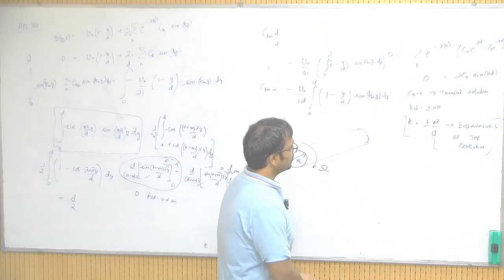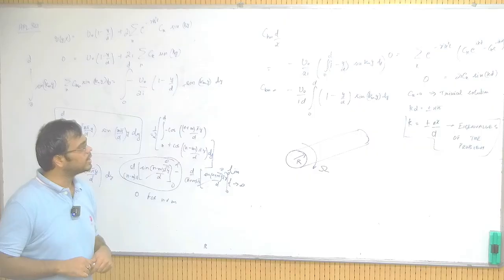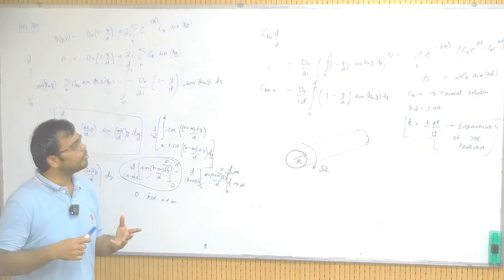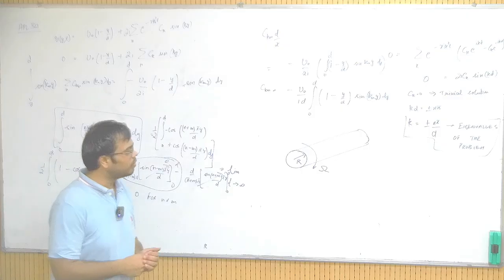These are all 1D problems in the sense that you have unsteady flow, but the flow velocity is still varying in one direction.